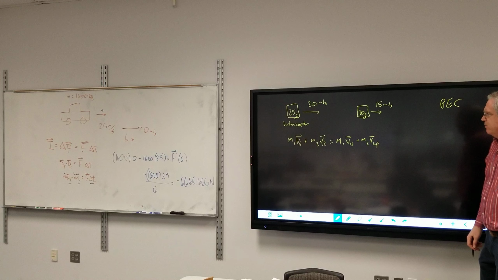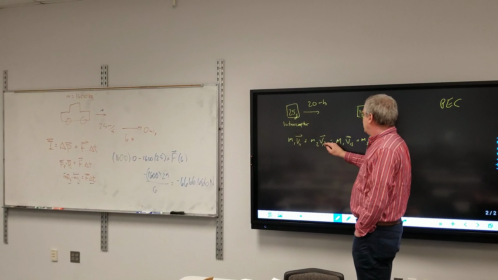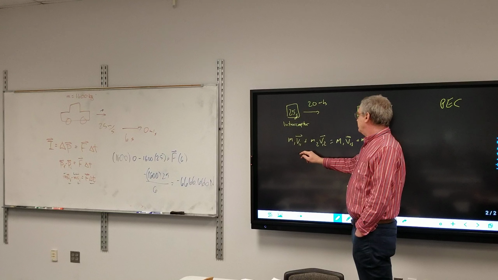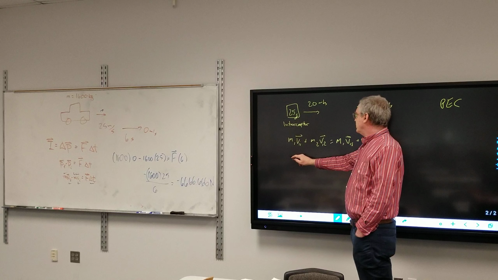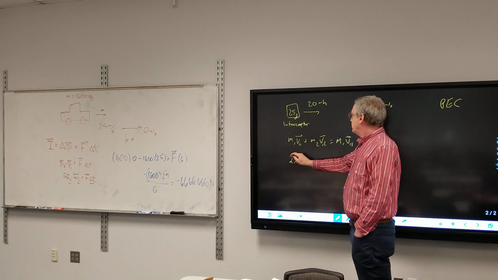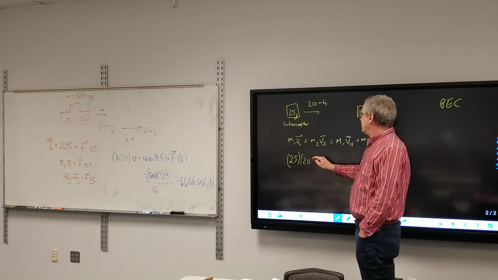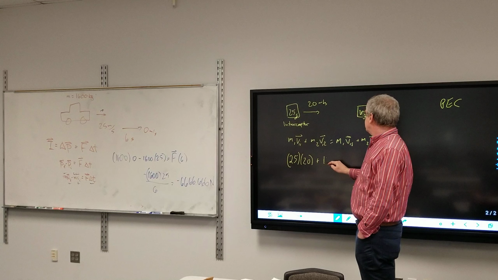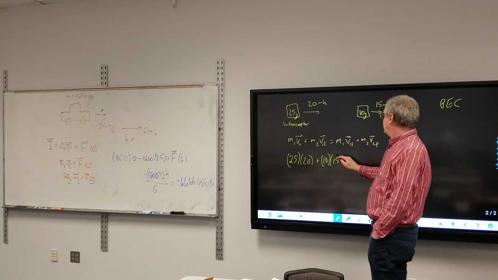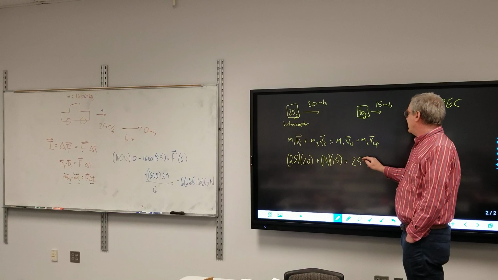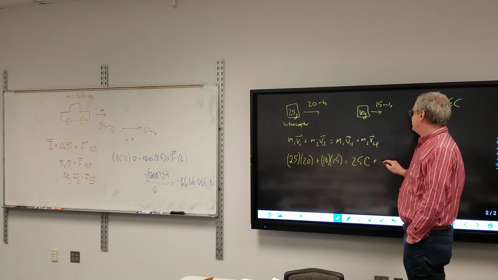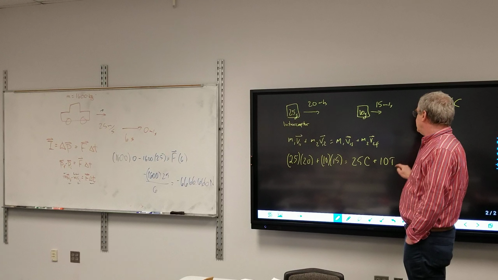Again, not a fan of all the subscripts I would have to write, so I'm just going to stick some numbers in here. 25 times 20, plus 10 times 15, is equal to 25C plus 10D.